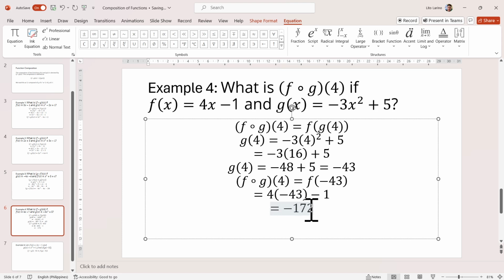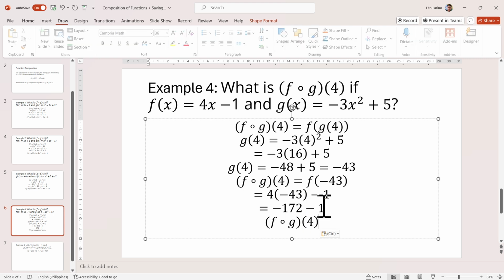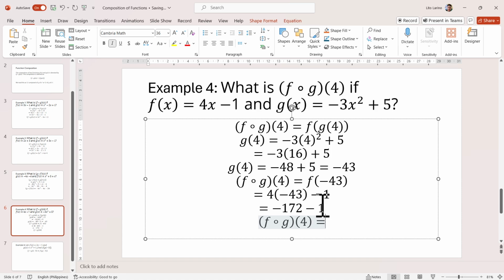Is that right? 4 times 3 is 12. 4 times 4 is 16 plus 1 is 17. Thus, we have negative 172 minus 1. And there you have it. F composed of g of 4 is therefore equal to negative 173.